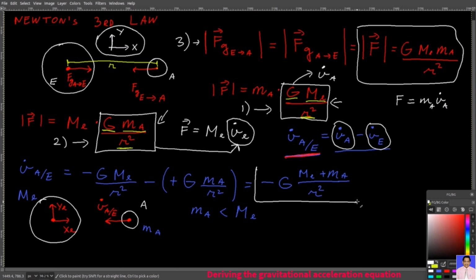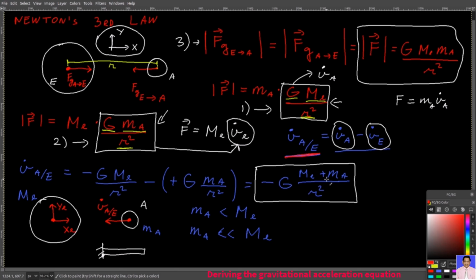Then this formula here makes sense. However, if this mass sub a is the mass of a satellite or an airplane or a structural beam, then the mass of object A is so small compared to the mass of the Earth that it's almost nothing, it's negligible. In that case, we can simplify this equation.